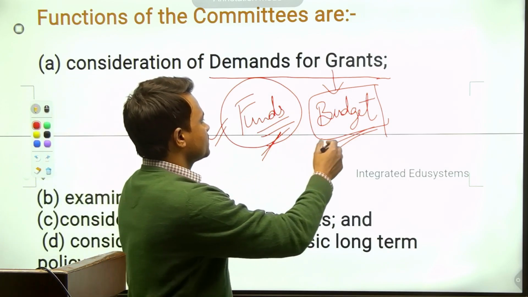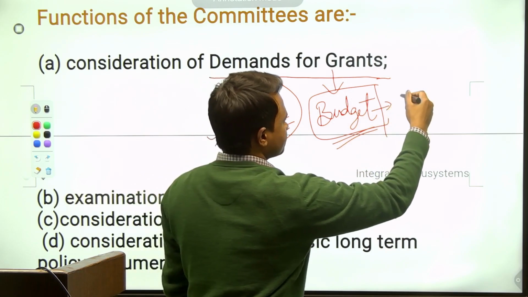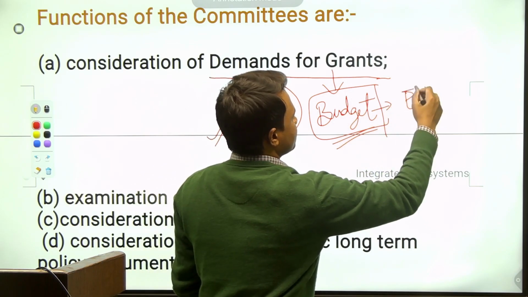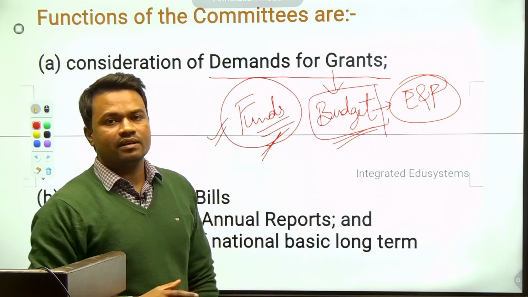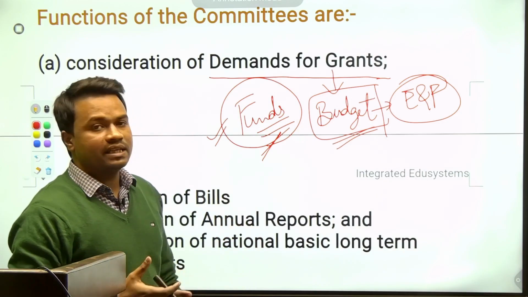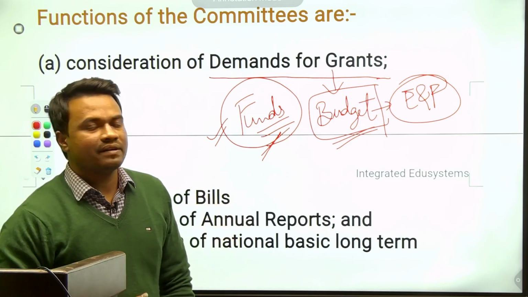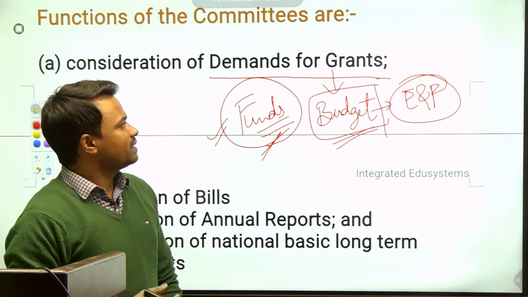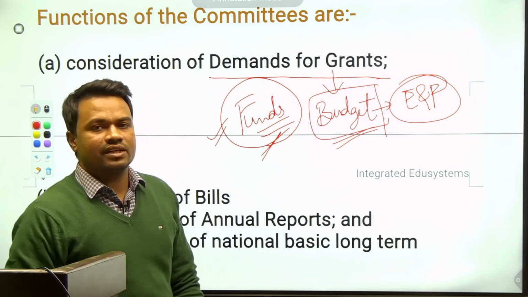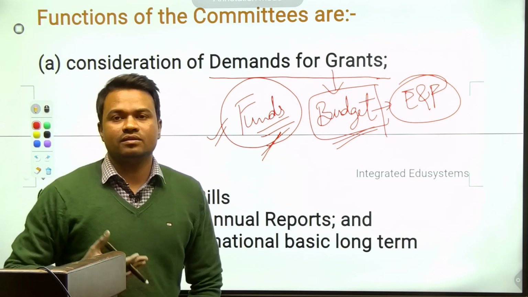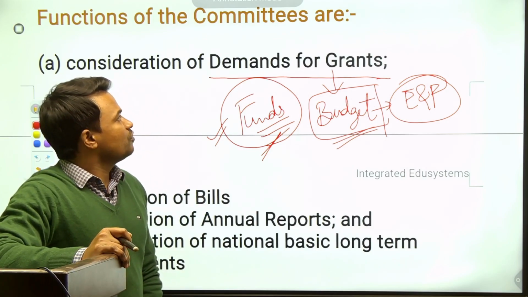At the same time, suppose a budget is given to a particular ministry, let's say the Ministry of Environment and Forest. They are provided funds to implement the schemes and policies under the jurisdiction of this ministry. But if there is a shortage of funds to implement its policies, obviously they will go for an extra demand.